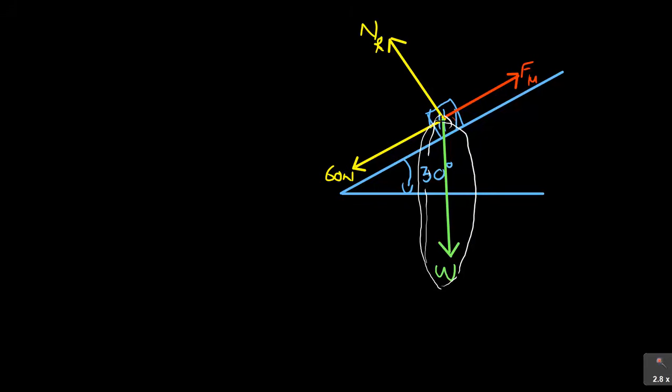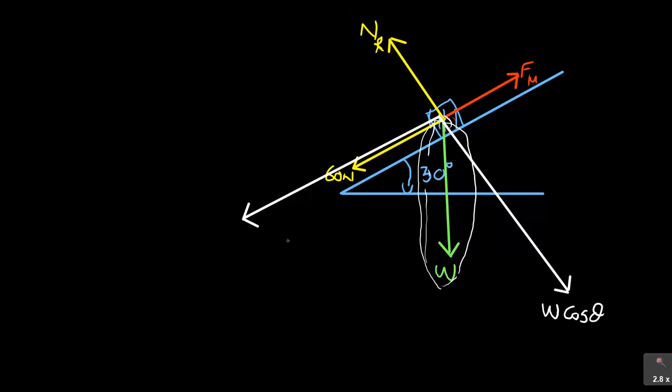So it has got this force, I make it long, and the weight also has got another force, which is this force. So these are the forces that I want you to always remember. We call this force that is perpendicular W cos theta, if you still remember from the formulas, and the one on the plane is W sine theta. We call this the weight parallel to the plane, and we call this the weight perpendicular to the plane.